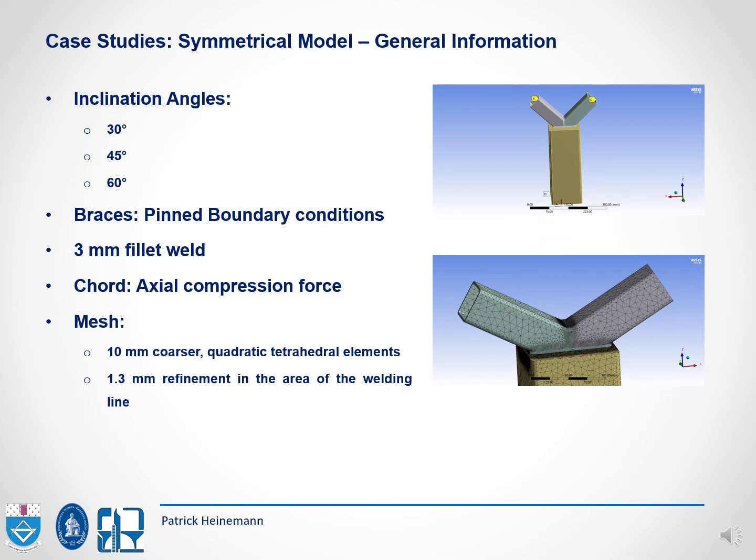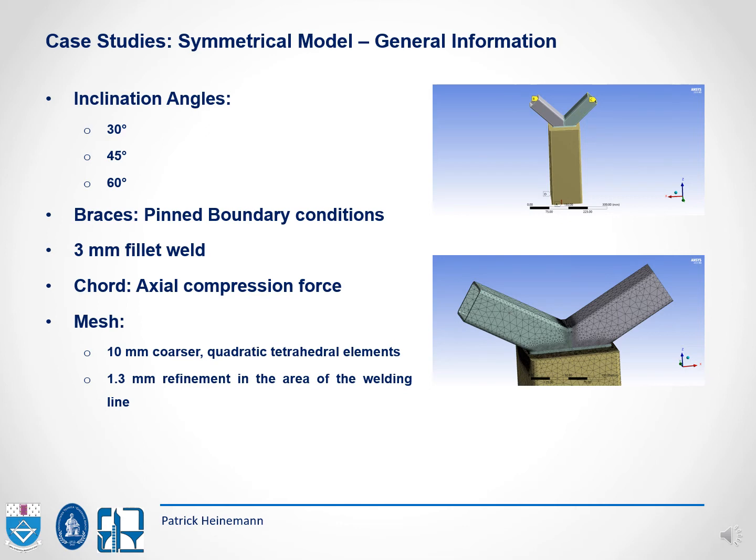Now to the first group, the symmetrical models. On the right hand side, on the top, you can see a figure with an example. In this case, it's a 45-degree model. Besides this, I analyzed a 30 and a 60-degree model. The vertical larger member is the chord, and the two connected members are defined as branches or braces.